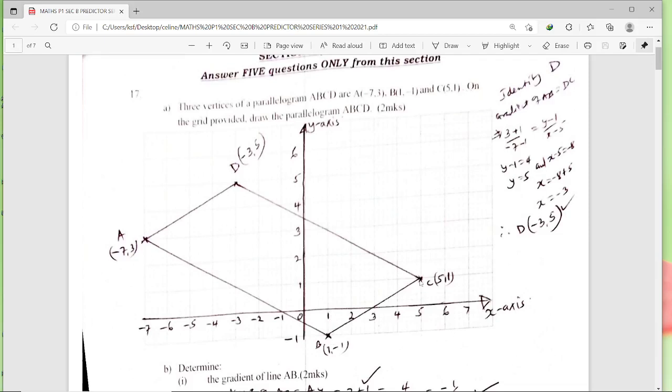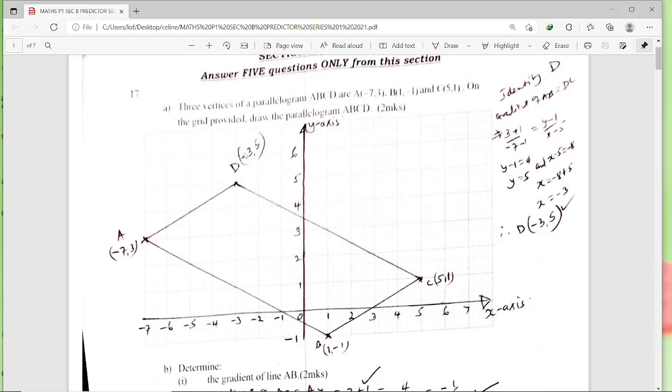If I join A to B, then B to C, I'll be able to see that there is a point missing. I don't know where this D could be. So first of all, I need to find this D.